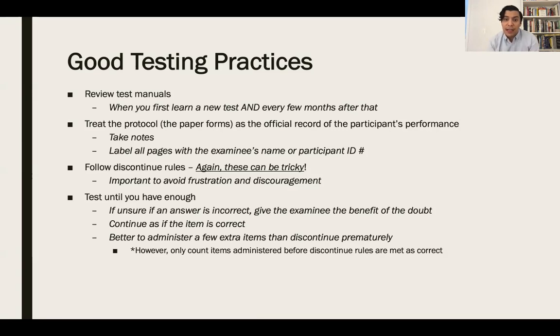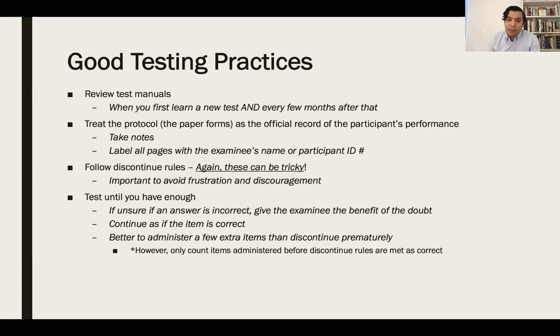So if the rules are to discontinue after 3 consecutive zeros, I would just make sure to get 3 consecutive 0 scores after that point. It's usually better to administer a few extra items than to discontinue prematurely, right?